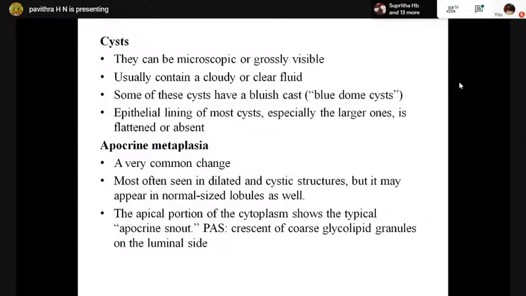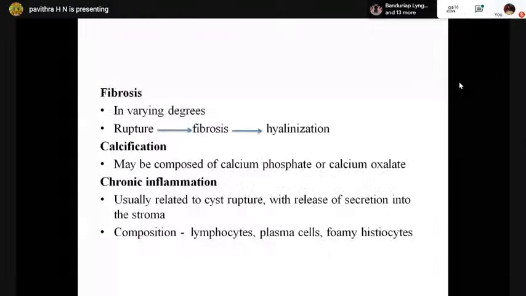It can be seen either in the normal lobules or in the dilated cyst. I'll show you the apocrine change along with the pictures and explain it. They may show PAS positivity in the form of a crescent of coarse glycolipid granules on the luminal secretion, which are ejected out.